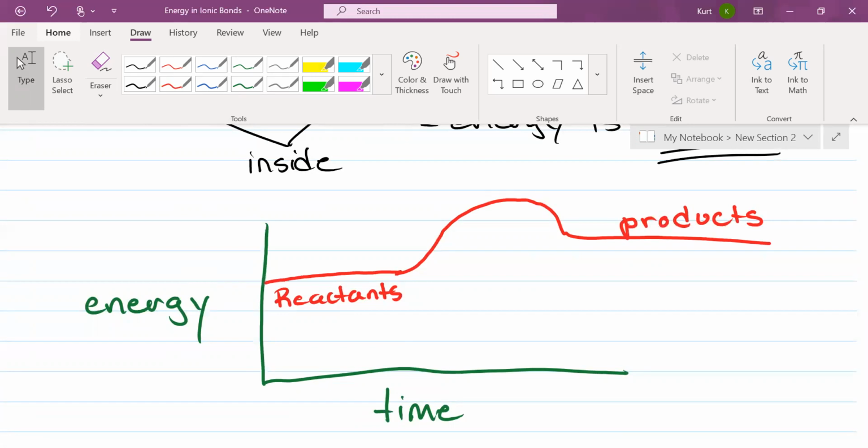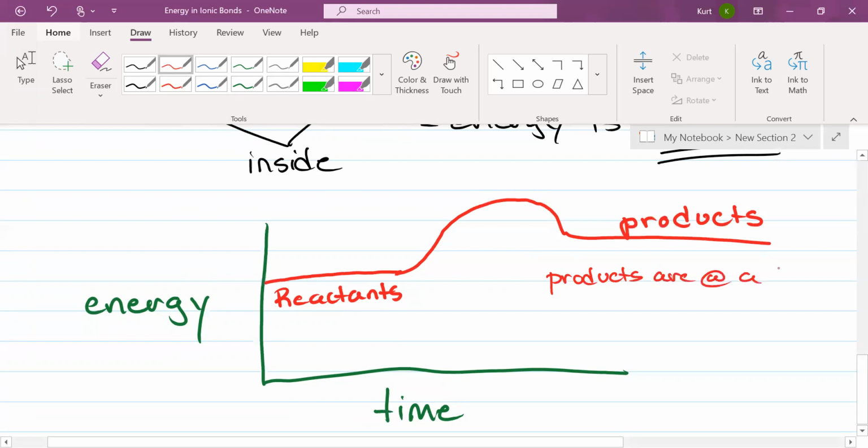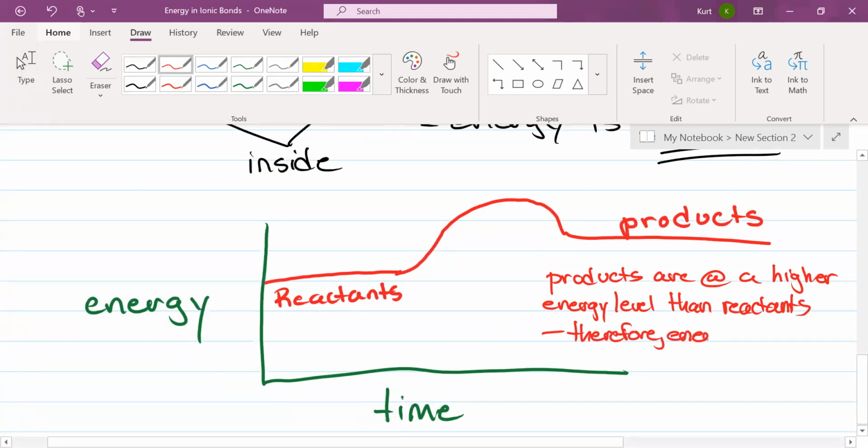That's right. In this reaction, products are at a higher energy level than reactants. Therefore, energy was absorbed.